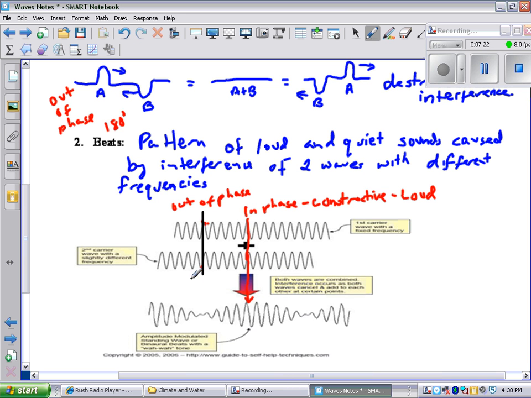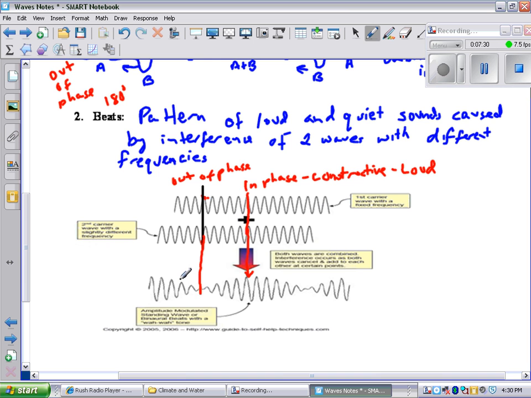And you can see the sum of them right here is giving me destructive interference, and it's wiped out. So later on they'll be out of phase again, and then they'll be in phase again. So what you get is a quiet sound, and then it gets loud, and then it gets quiet, and then it gets loud. And I'm going to demonstrate that in class. I can't really do it on here because you won't be able to hear the sound.